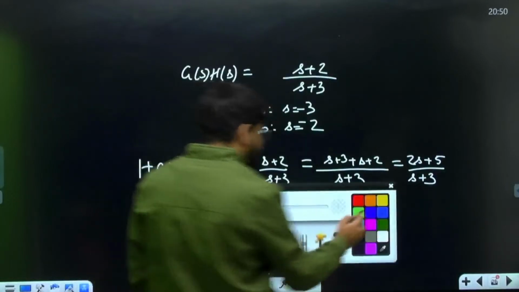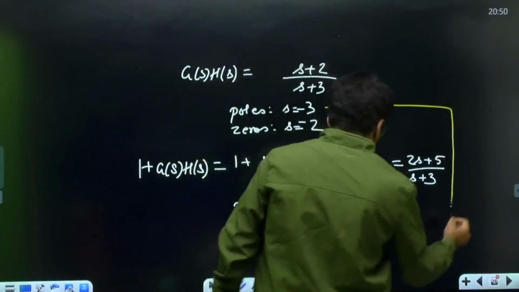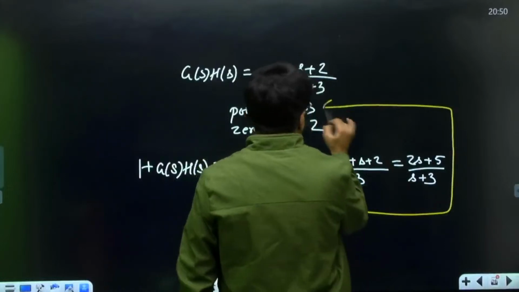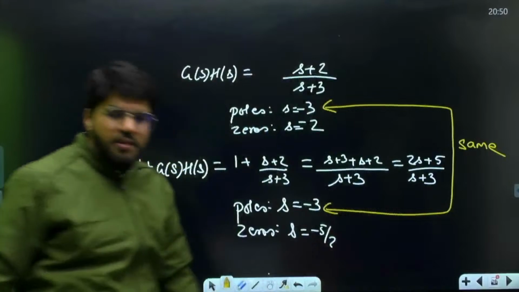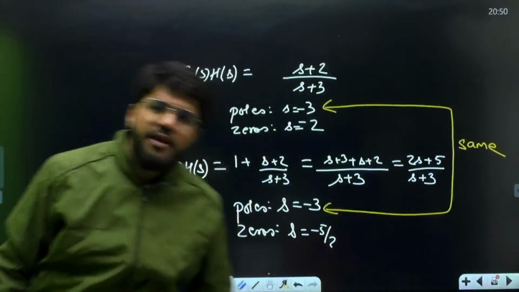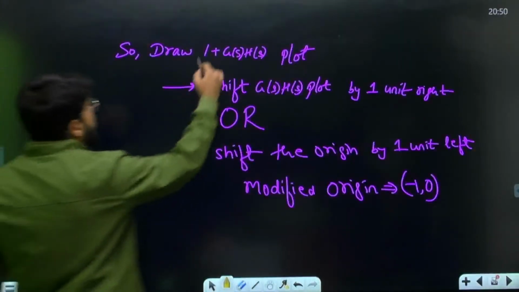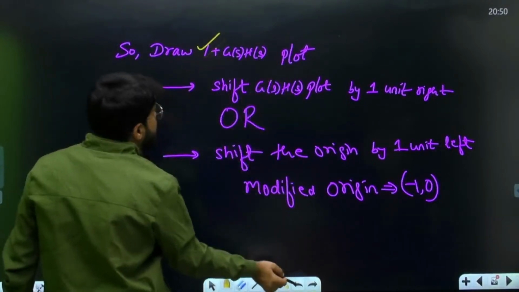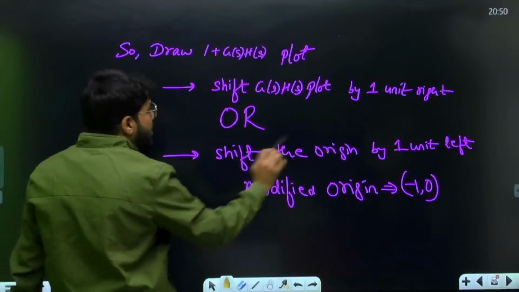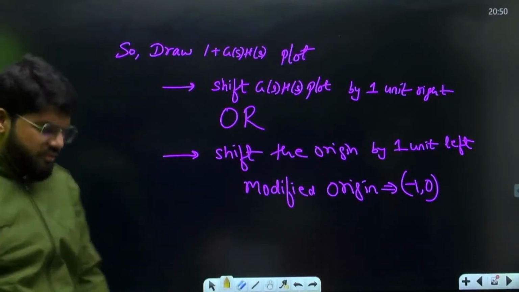What is important is, the pole is the same. The pole of G(s)H(s) or the pole of 1 plus G(s)H(s). Actually, we are considering the 1 plus G(s)H(s) plot, but we will not draw the 1 plus G(s)H(s) plot. We will draw the G(s)H(s) plot only, and shift the origin 1 unit left.